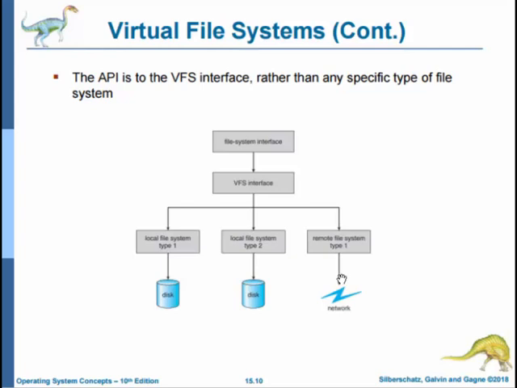Number one is to separate the file systems, and number two is to provide a mechanism for representing a file throughout a network. Finally, we have the other layers, where we see the local file system of type 1, type 2, and the remote file system for network file systems.